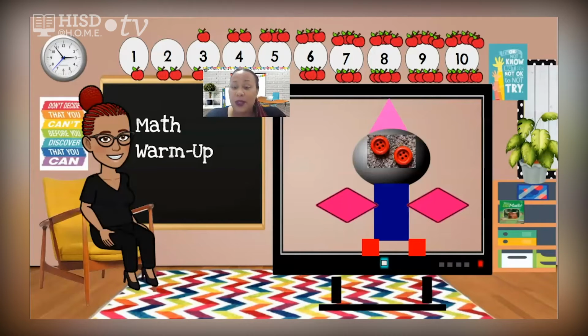Yes, what shapes do you see in this picture? A triangle. Where's the triangle? On his head. The hat is a triangle. What other 2 or 3-dimensional shapes do you see?